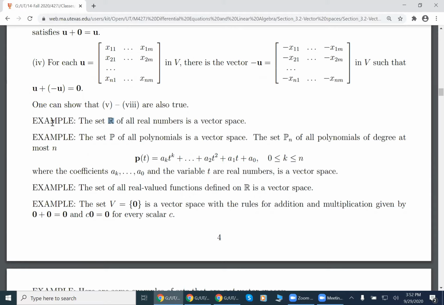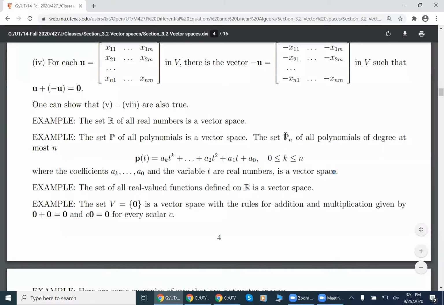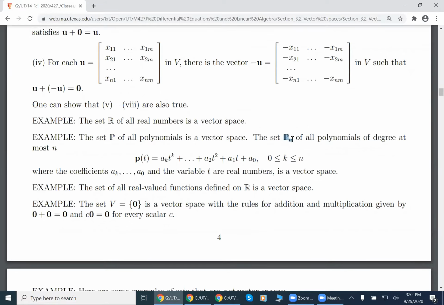Folks, any questions here? Can you explain again when you said the P2 and if it's equal to 0, then it's not a vector space? Yes. So, according to this definition, P2 is the set of all polynomials of degree 2 and the set of all polynomials of degree 1 and the set of all polynomials of degree 0 because it's written at most n.